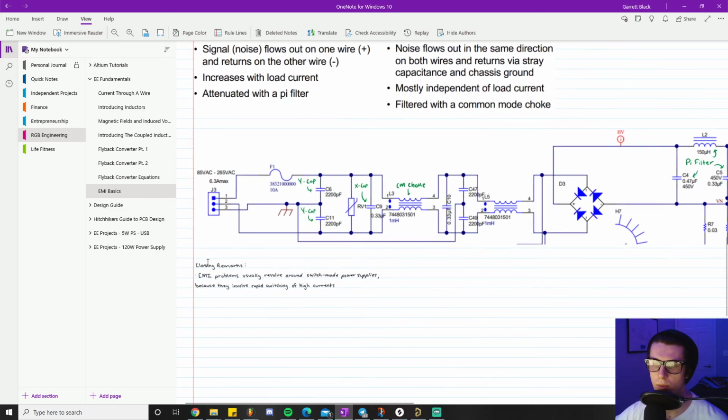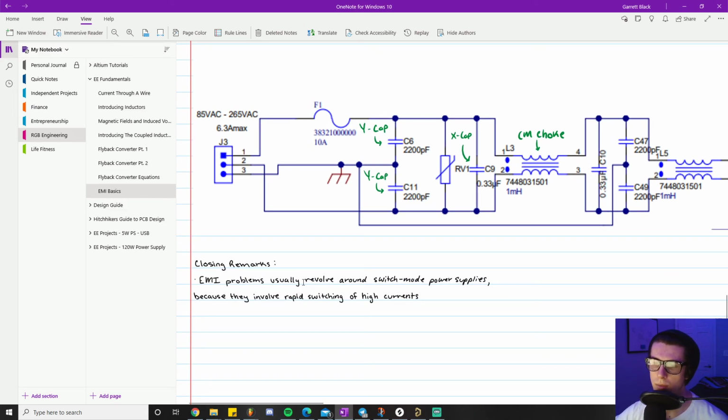So I'll finish up with some closing remarks. EMI problems usually revolve around switch mode power supplies. Like I said, that's because that's where you have a lot of changing currents, a lot of changing magnetic fields, a lot of high currents and high voltages, right? That's just where you have loud signals that are switching a lot.